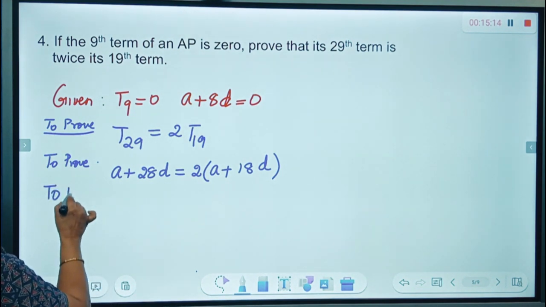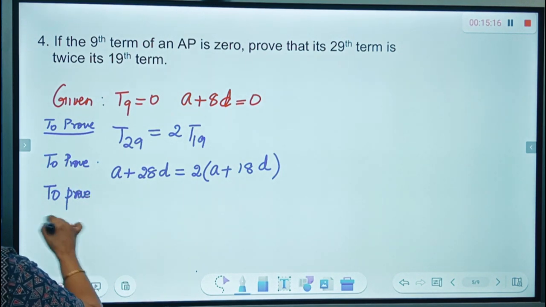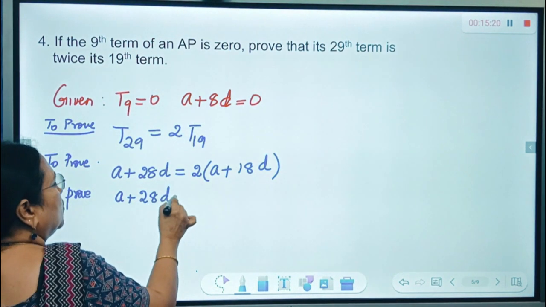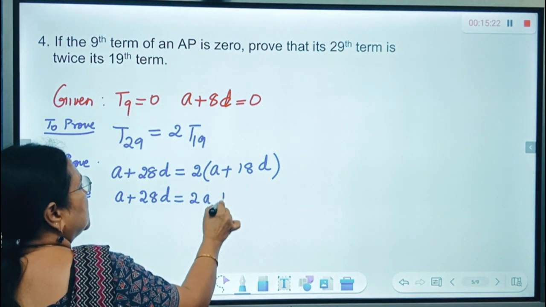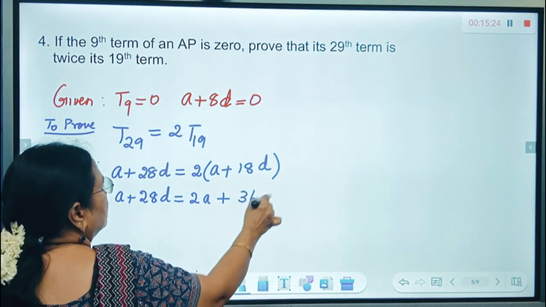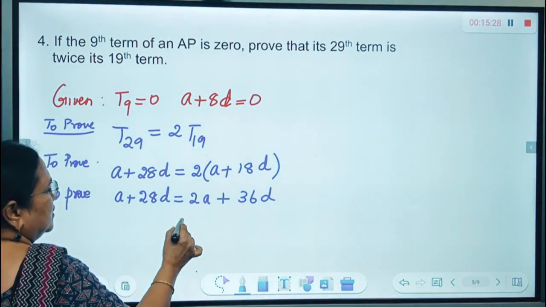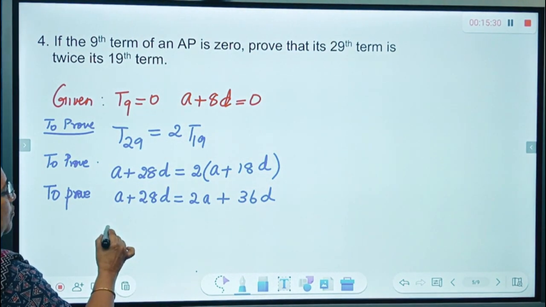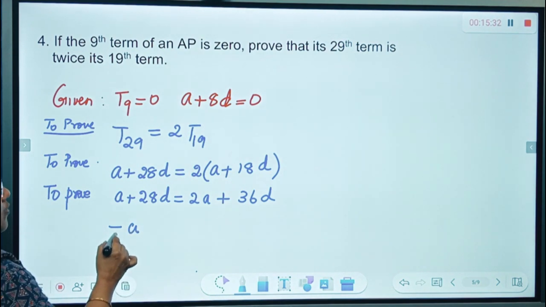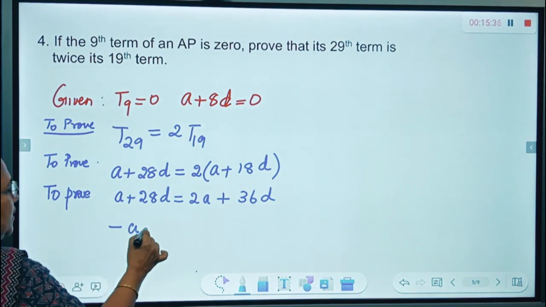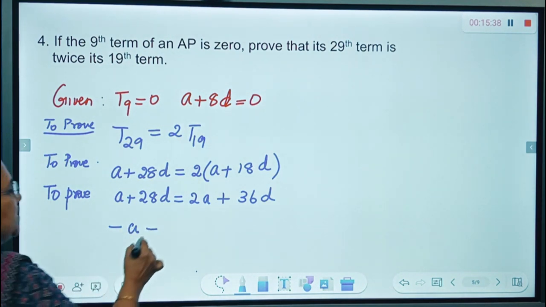That is to prove a plus 28d equals 2a plus 36d. So that is, in other words, we have to prove minus a. What is 28 minus 36? Minus 8.